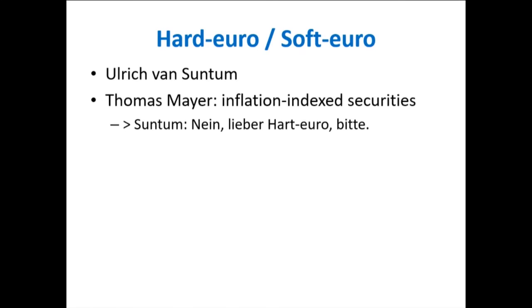So, Von Suntem suggests that there should be 2 euros, and that would allow some countries to devalue or to get rid of the indebtedness by means of inflation, while not hurting the savers at the same time.